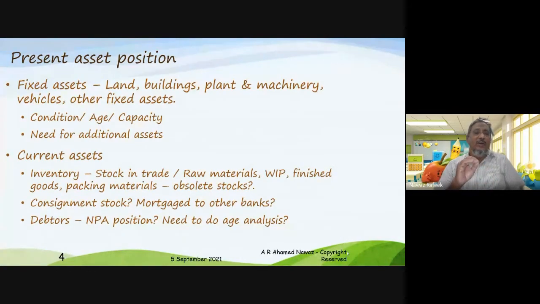Now we are going to inspect the land and buildings, plant and machinery, vehicles, and other fixed assets, but basically the condition of the asset: land, buildings, specifically plant and machinery, and their age and capacity. What is the manufacturing capacity of this plant and machinery?